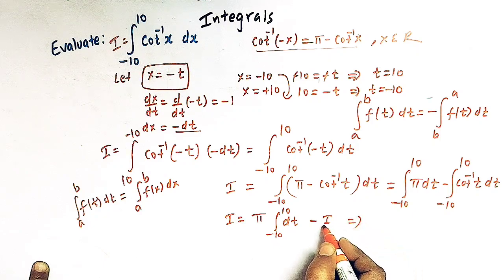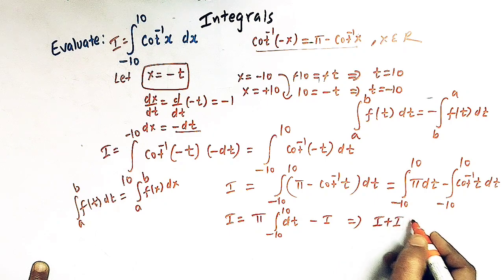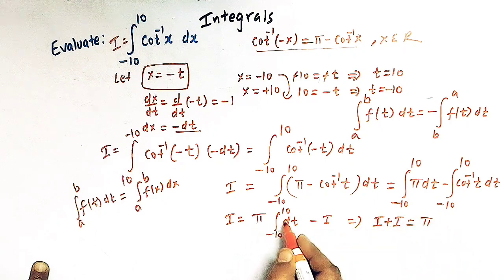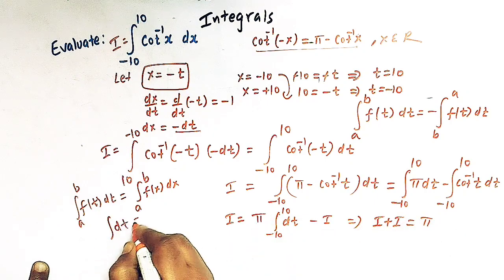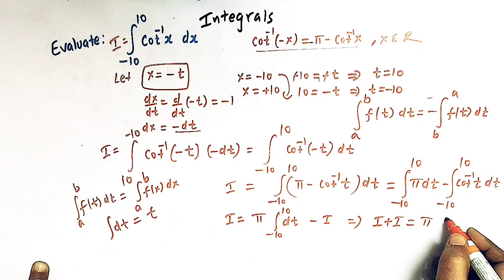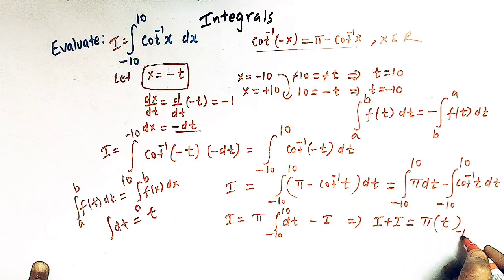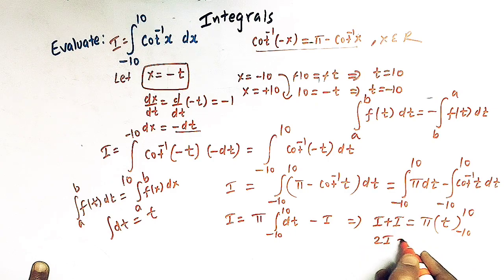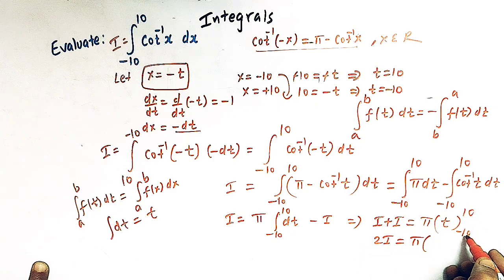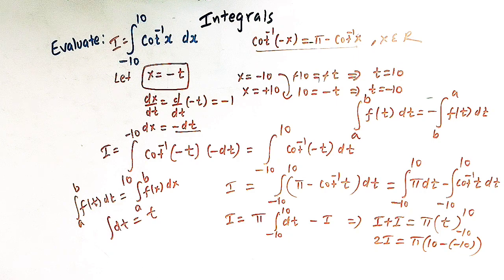So now taking this minus I to the left hand side, we have I plus I, and here we have pi. The integral dt is simply t. So here we have t, and limits are from minus 10 to 10. I plus I is 2I, and here we have pi, and substituting the limits and taking the difference, we have this expression.